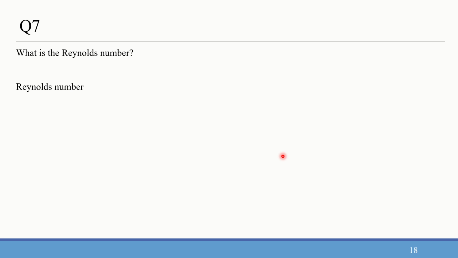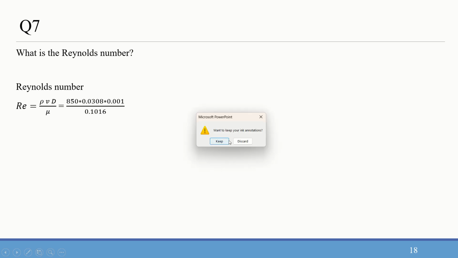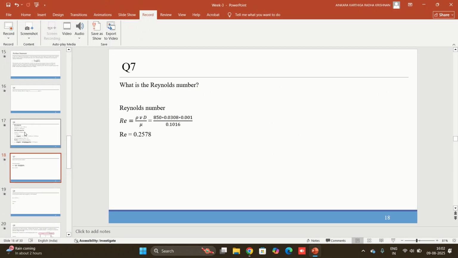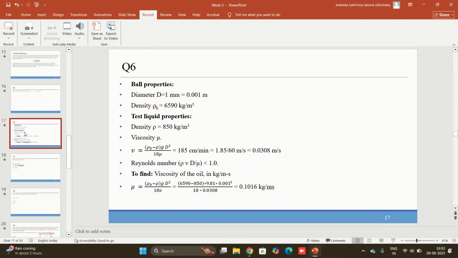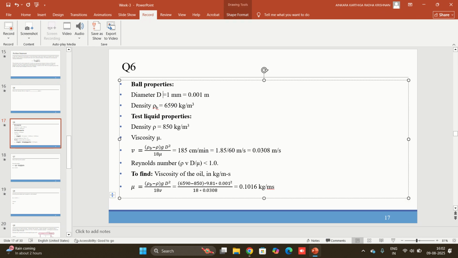So here dp is the diameter of the particle. Here everywhere it is given as d for the diameter of the particle. I'll mention it again.